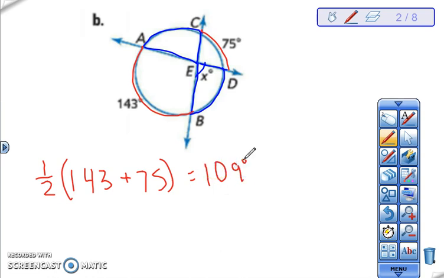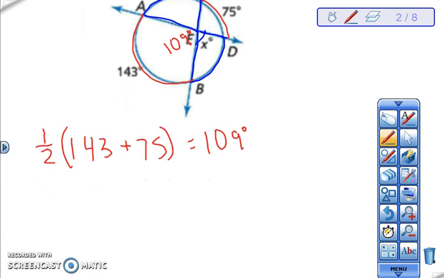So the 109 degrees is not our X value, but it is adjacent to our X value. Right? So it goes inside of the 2 arcs that were intercepted. And I could put it on the side I did. I could put it across from there. It doesn't matter, right? Remember, vertical angles are congruent.